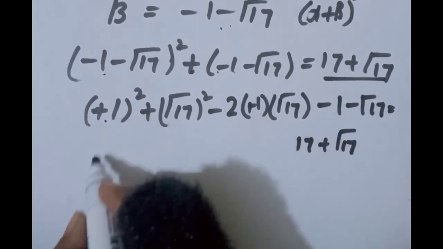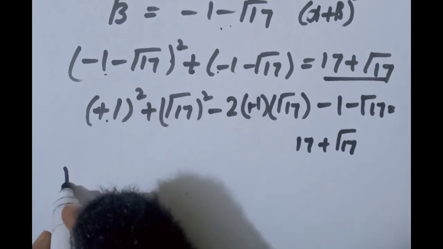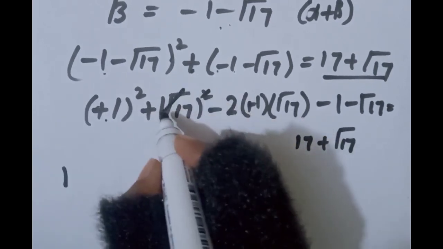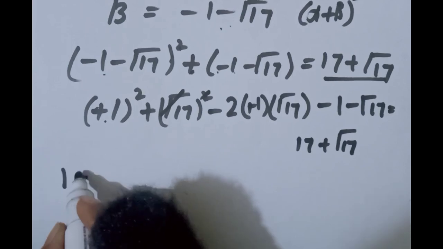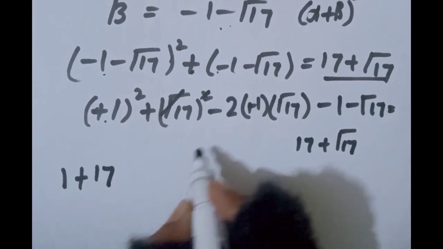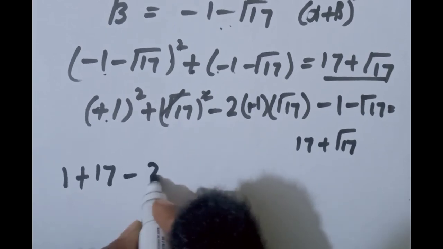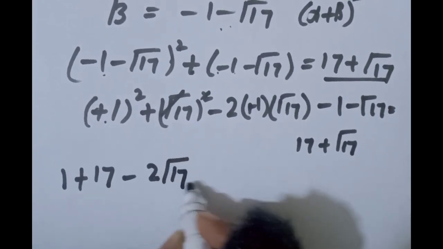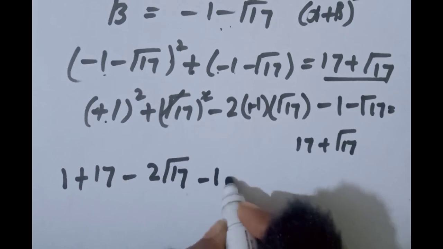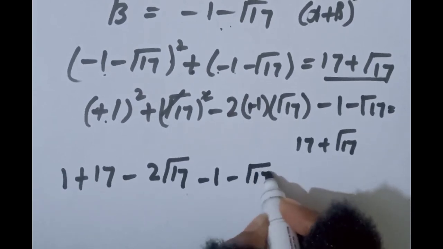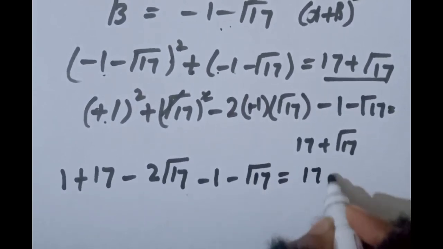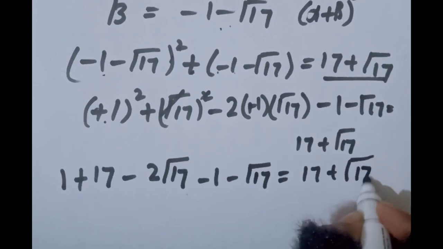Now look at this, square of 1 is 1, and we cancel square by square root, then this will become 17, and we multiply this, then we get minus 2 square root of 17. This is minus 1 minus square root of 17 is equal to 17 plus square root of 17.